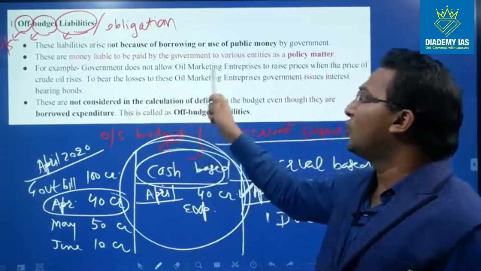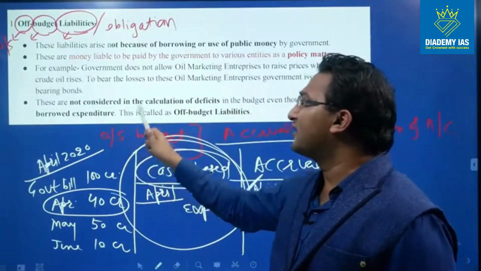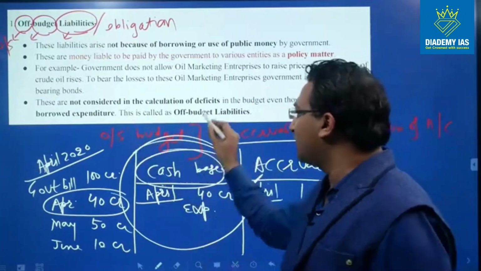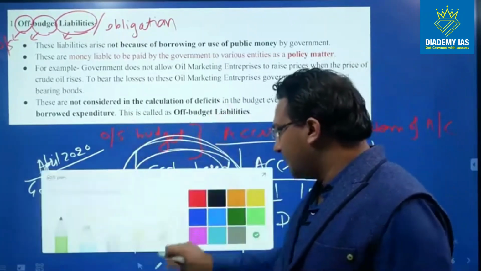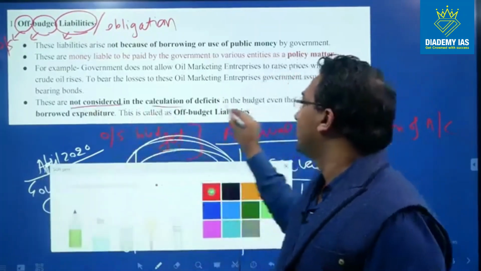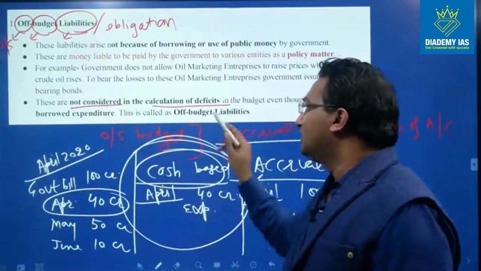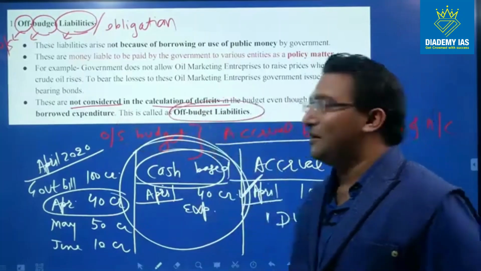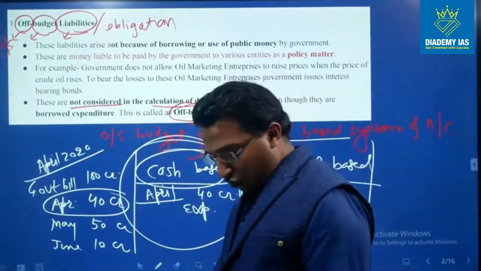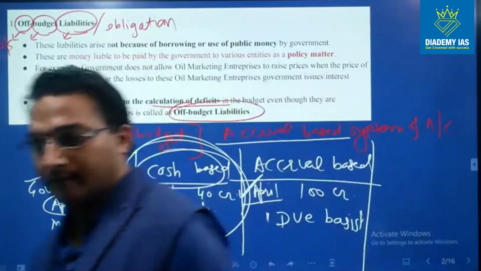To bear the losses of these oil marketing companies, it issues interest bearing bonds. These are not considered in the calculation of the deficit. This is very important. You have to keep this in mind, that they are not considered in the calculation of the deficit in the budget, even though they are borrowed expenditure. This is called off budget liabilities. So this is all about off budget liability. I hope the concept is very clear to you.